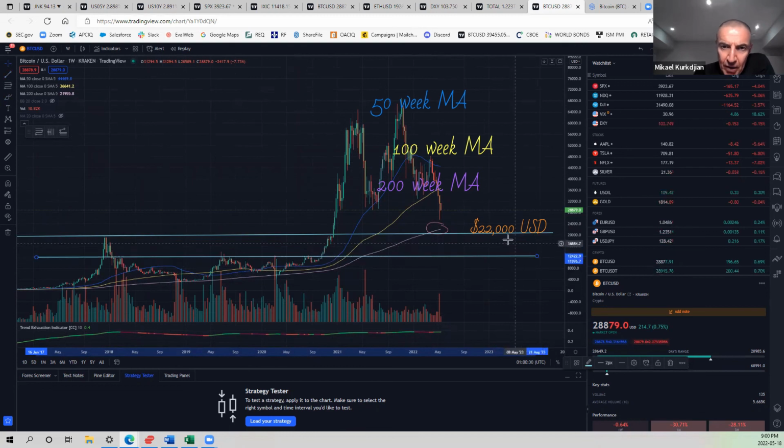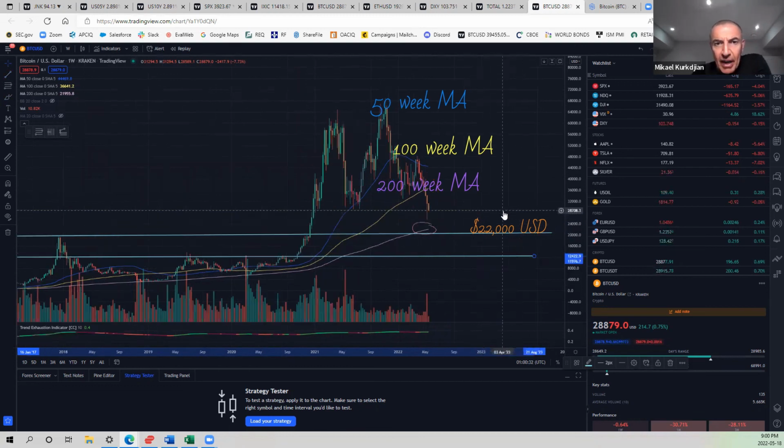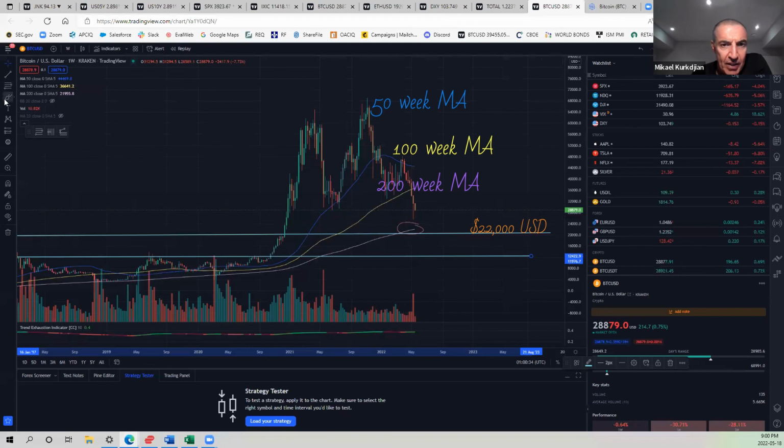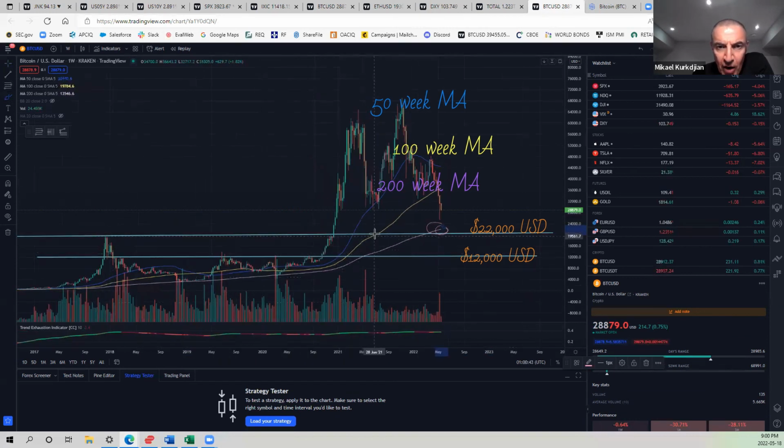So that's why Bitcoin holding the ground here, around this moving average, which coincides with this prior top, is important. It's important for Bitcoin to stay above this. Going below it would be a very negative signal. So let's keep a close eye on all this.